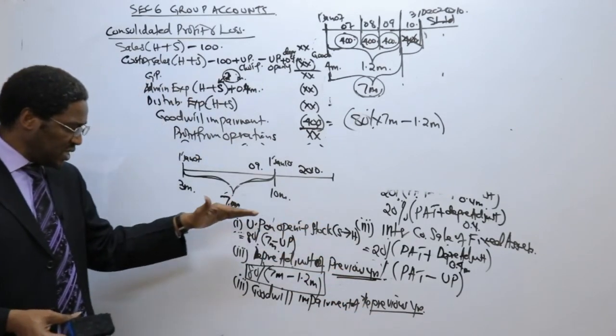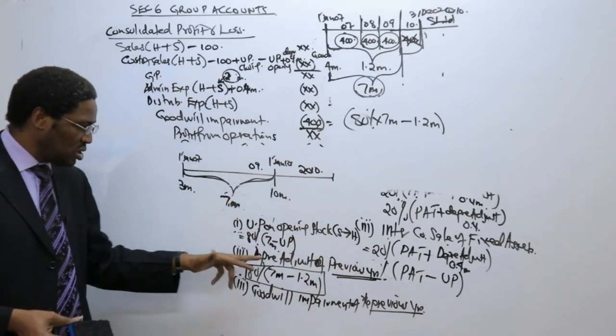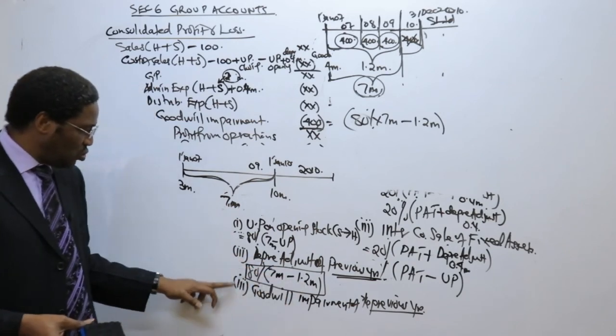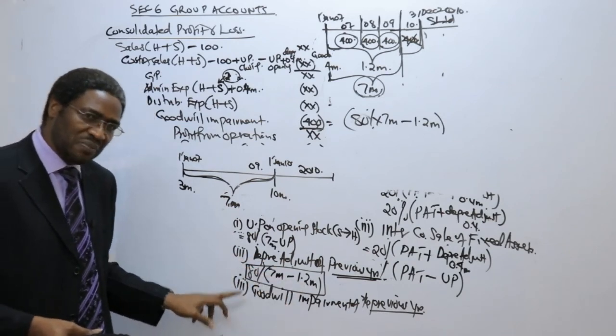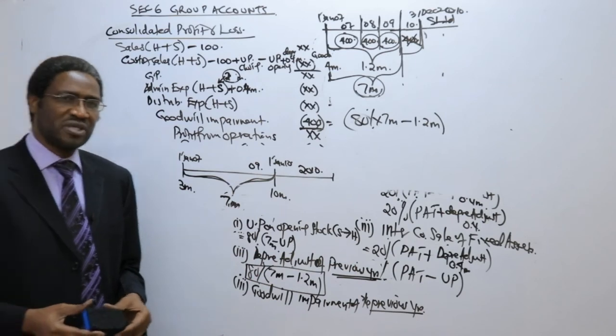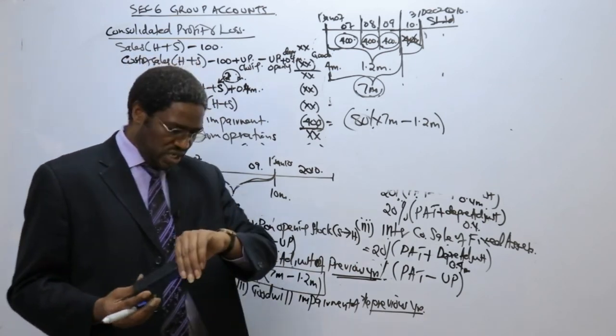Then I've emphasized how to use the depreciation adjustment, you minus it, and the goodwill impairment, you don't subject it to 80%.